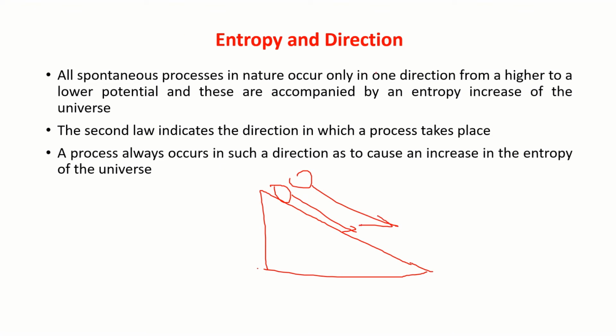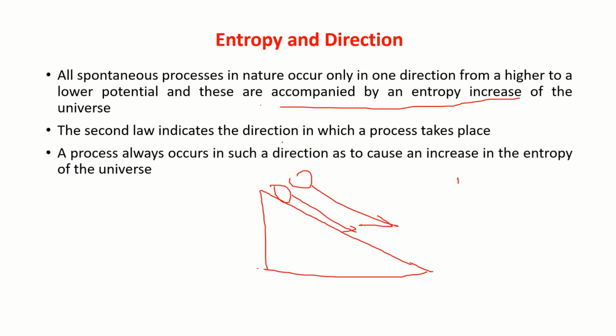All spontaneous processes in nature occur only in one direction, from a higher to a lower potential. So voltage will also flow: if this is at a higher voltage and this is at a lower voltage, it will flow. Water, higher head, lower head, then only it will flow. These are accompanied by an entropy increase of the universe.